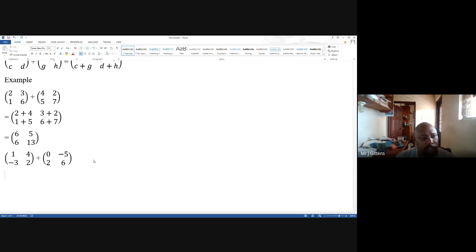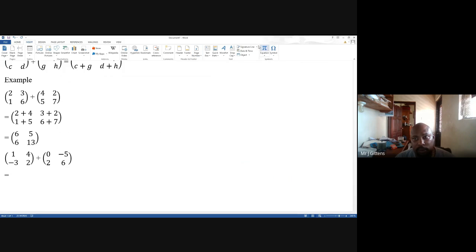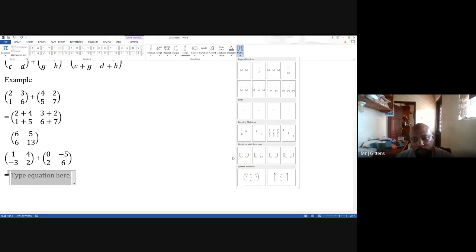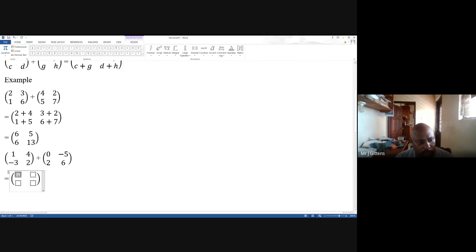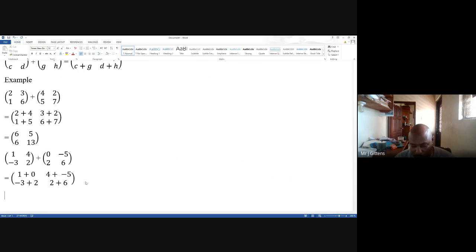In the first example, we used the formula you wrote at the top. You use the same steps, whereby it will be 1 plus 0, 4 plus -5, -3 plus 2, and then 2 plus 6.